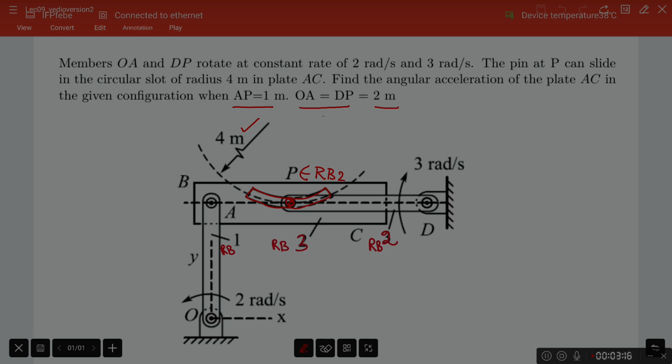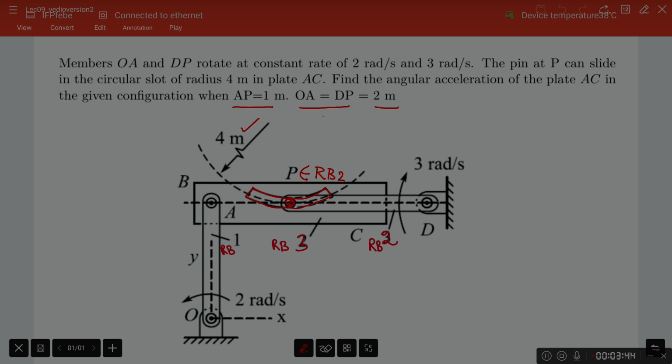This problem is distinctly different from the problem that I solved in the previous lecture. There, in lecture number 8, I had a problem which did comprise a number of RBs.